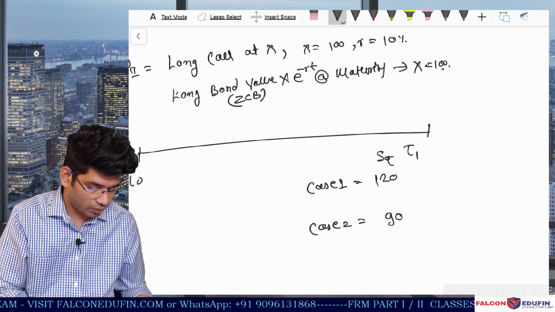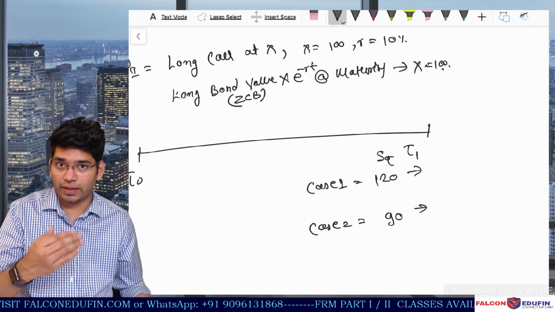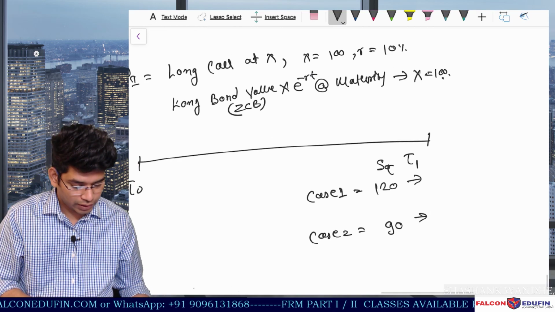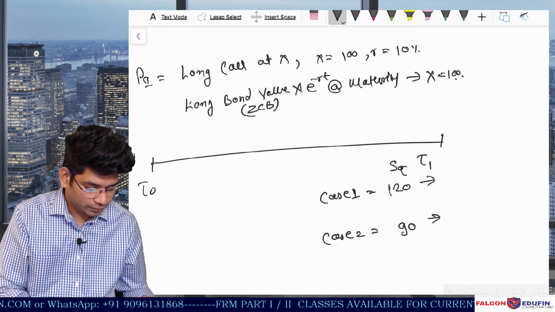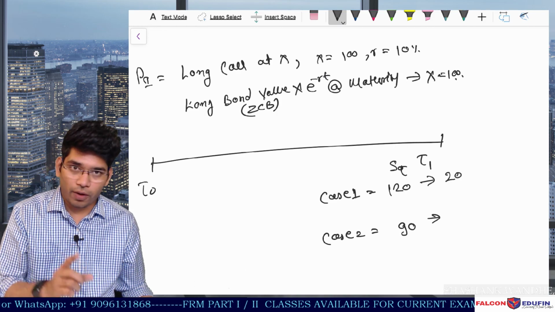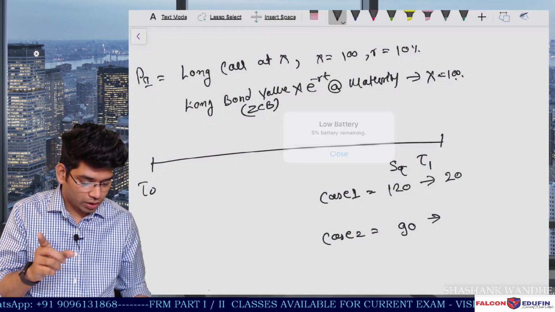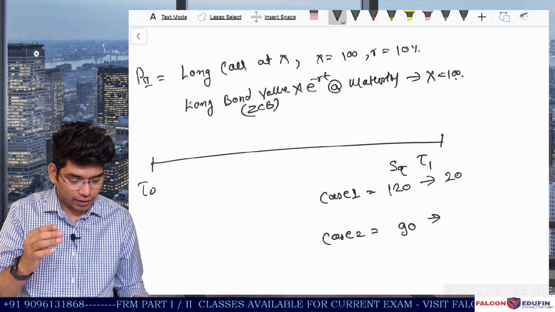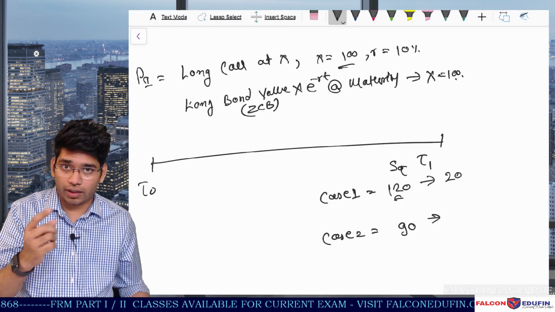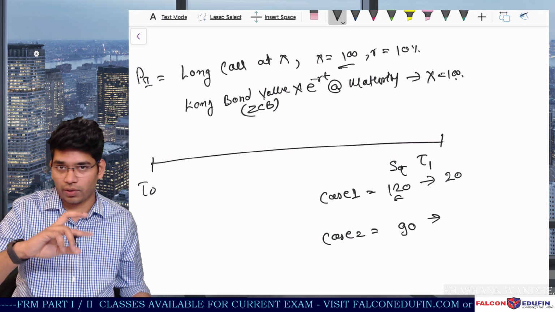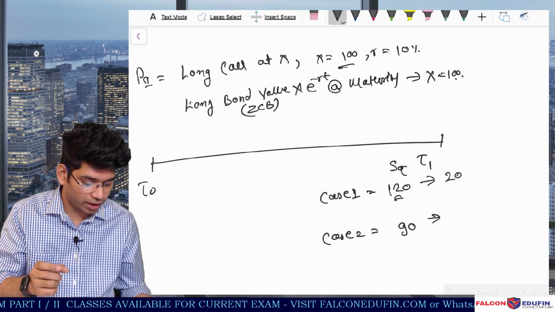Now see what will be the payoff of your portfolio in case 1, then we will see case 2. In case 1 you will get a payoff of 20 from the option. How? You have a 100 strike price and the price of the underlying is 120, so 120 minus 100 is the 20 payoff.